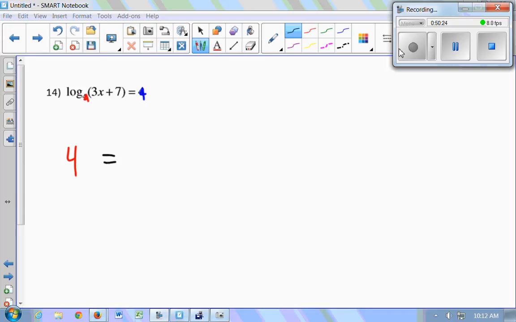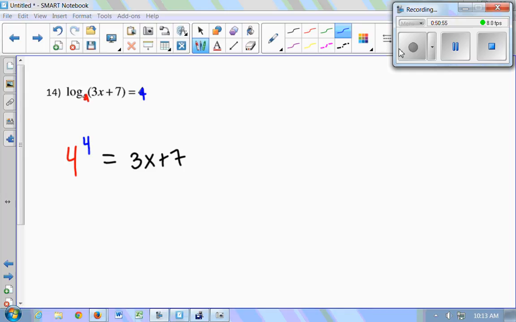And then inputs and outputs switch because log and exponentials undo each other. They're inverses. That means the inputs and outputs switch. So my input into the log was 3x plus 7. It becomes my output of the exponential. And then the output of the log, this 4, becomes the input of the exponential.